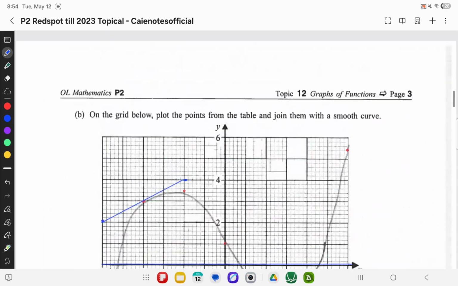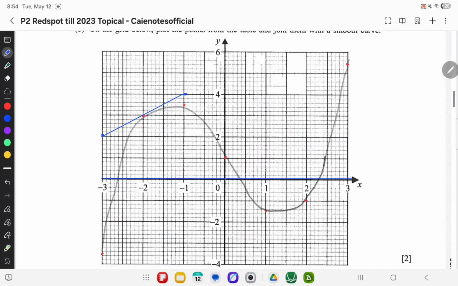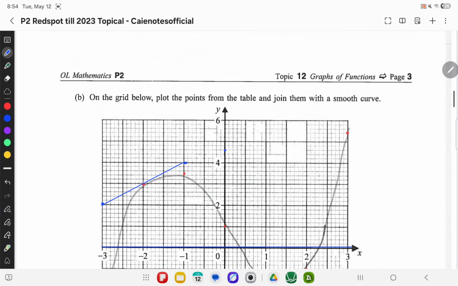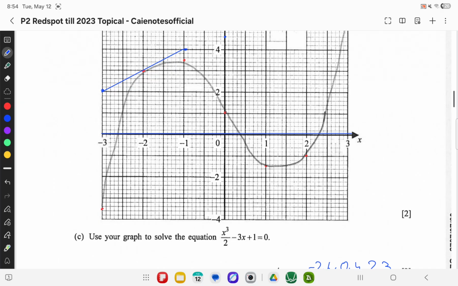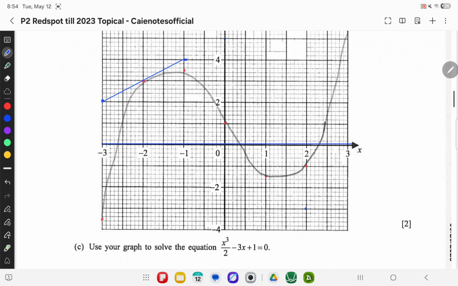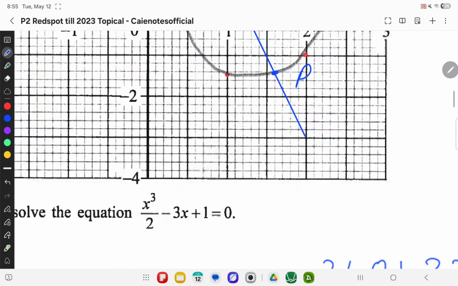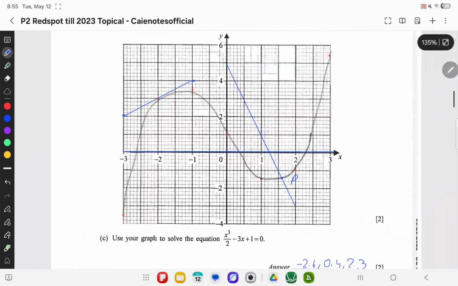A is at 0, 5 and B is at 2, negative 3. Now the curve intersects at this point right here at P. What is this P special about?